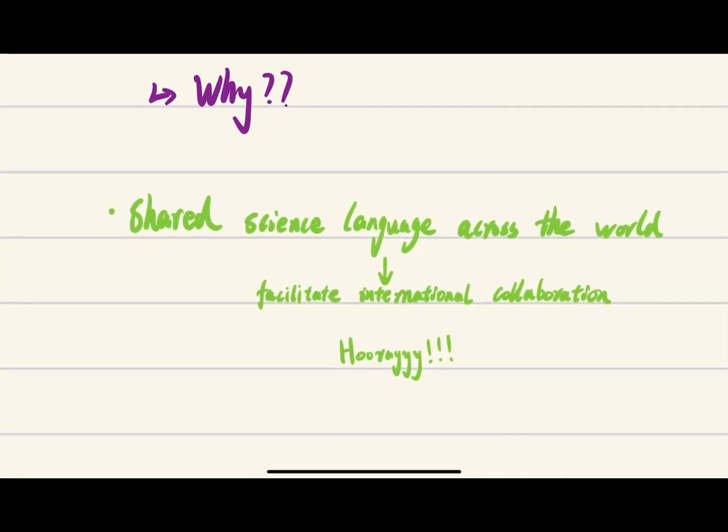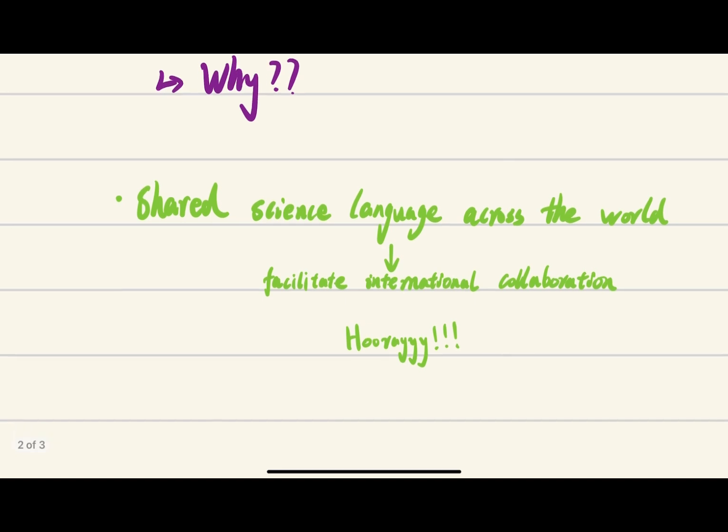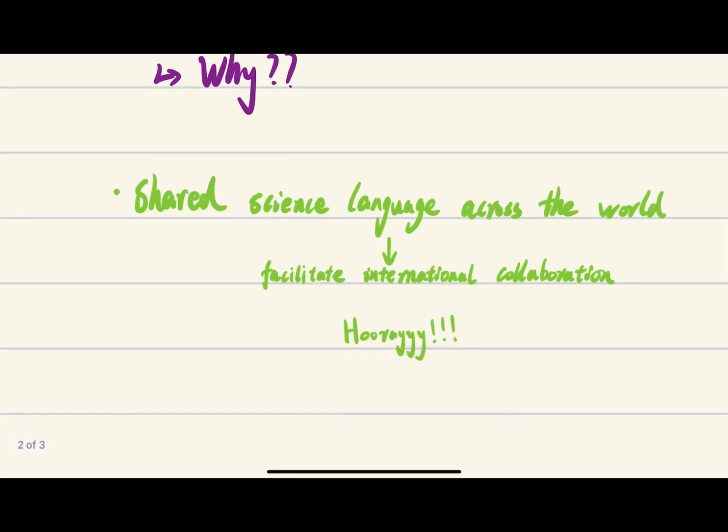We have to have a shared science language across the world, so that when scientists from all around the world get together and do research and experiments, they collaborate and avoid language barriers and vocabulary confusions, so we can facilitate international collaboration between scientists. So hooray, we're all better off.